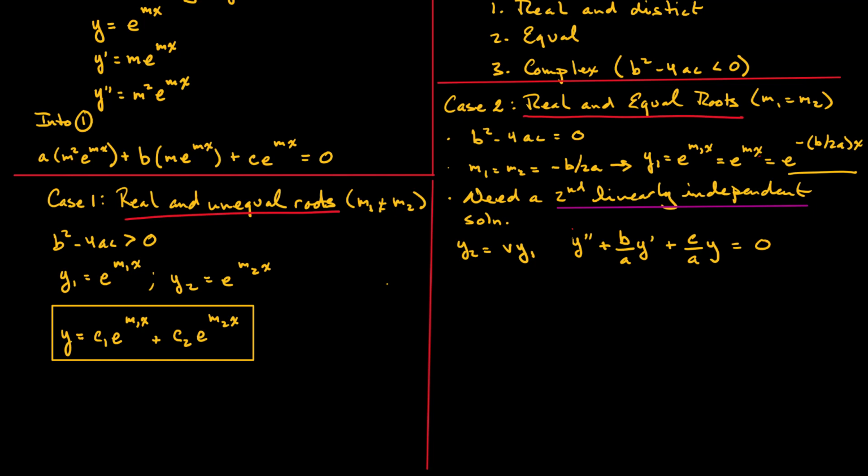Reduction of order tells us that this term v is equal to the integral of 1 over y1 squared multiplied by e to the negative p of x dx, where y1 will be equal to e to the negative b over 2a multiplied by x, and p of x will be this term over here.